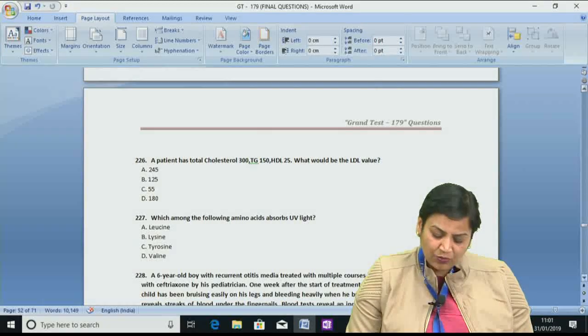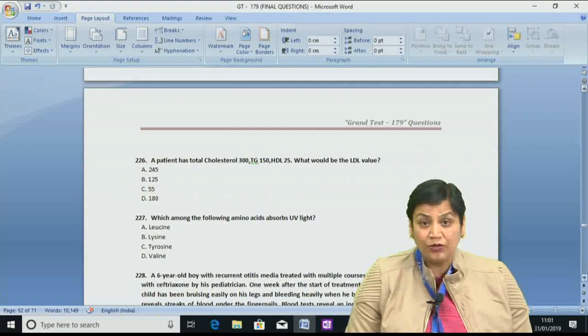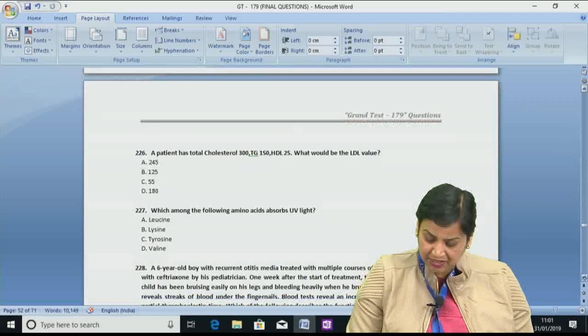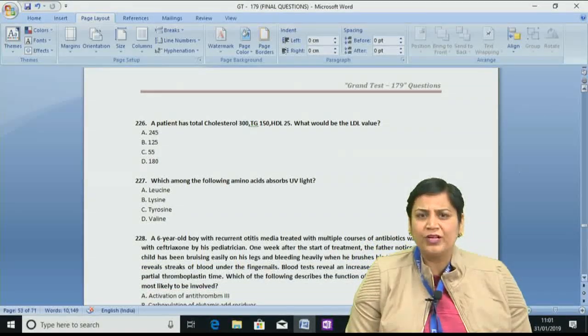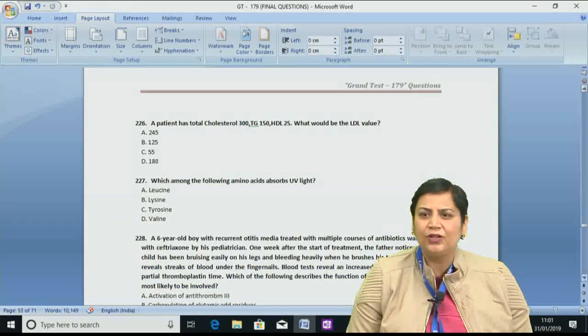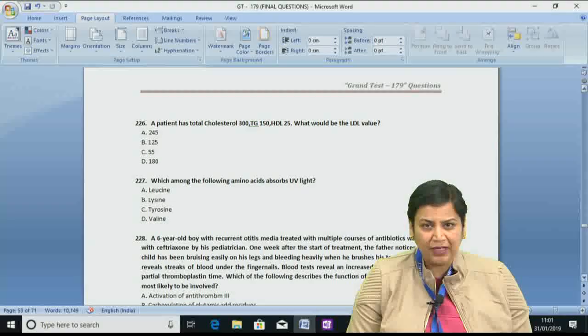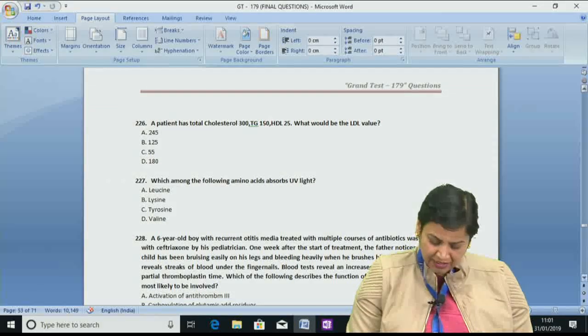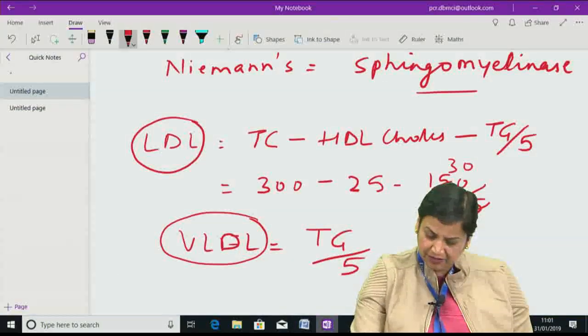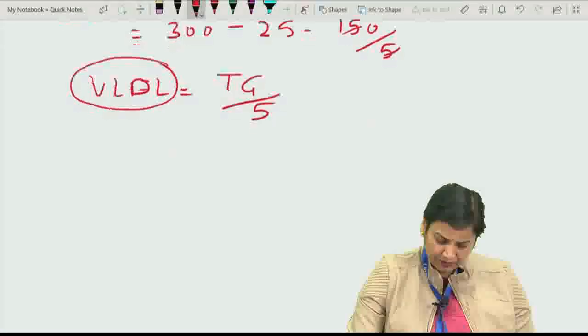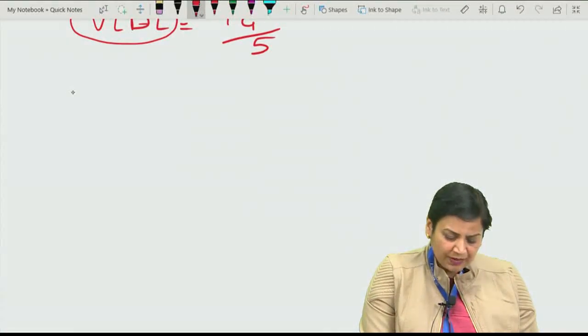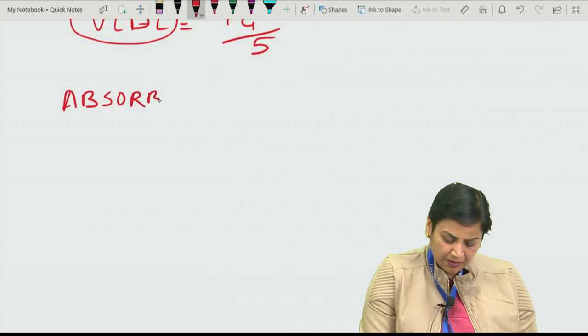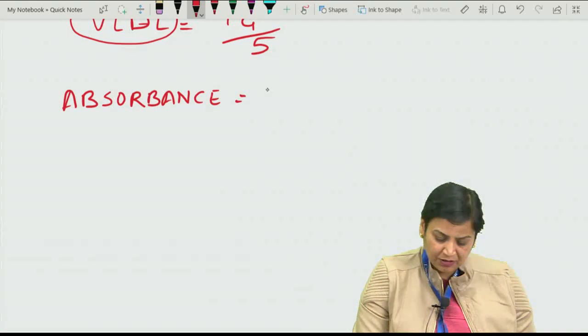Which among the following amino acids absorb UV light? Now see, there are so many questions which have been asked mainly on the absorption pattern of the metabolites. Now absorbance depends upon Lambert-Beer's law.